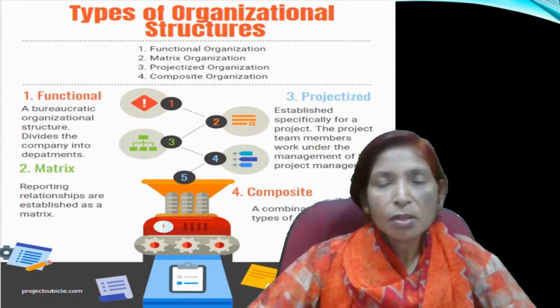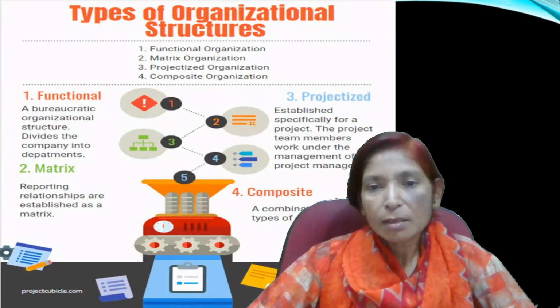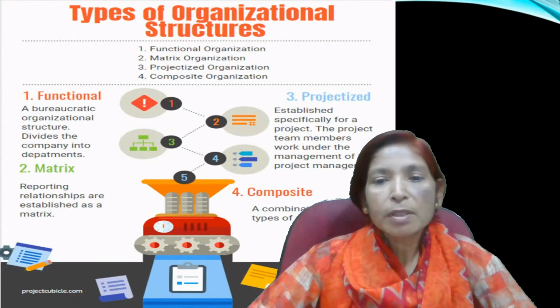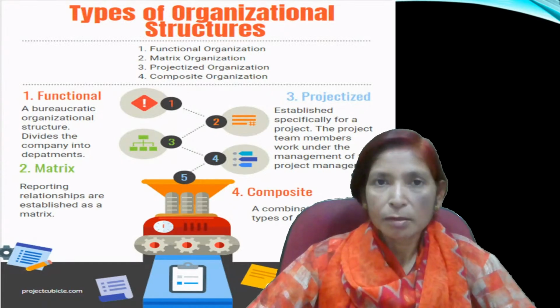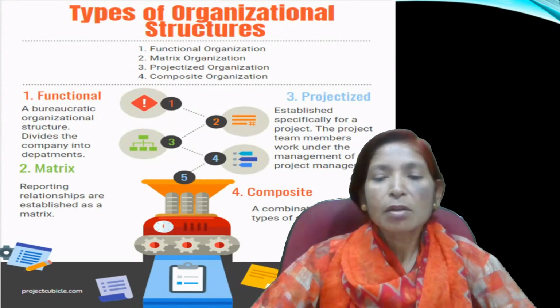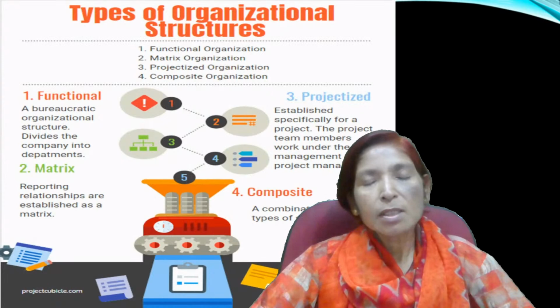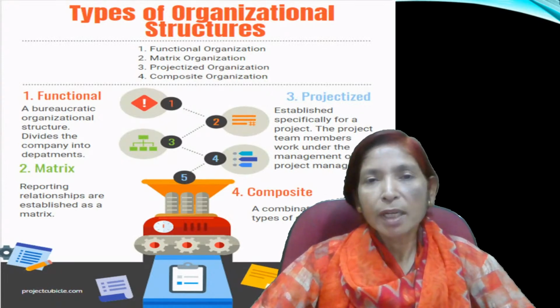So projectized organizational structure is mainly established when we have to complete a project of the business enterprise, and the project team members work under the management of the project manager. And next is composite. Composite is a combination of other types of organizational structure. So these are the four types of organizational structure.